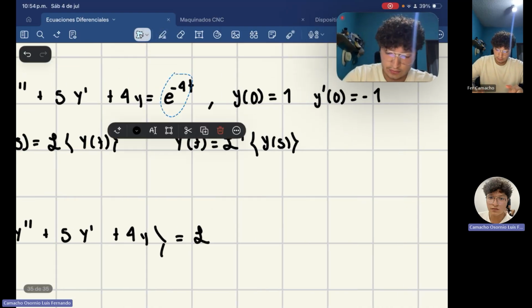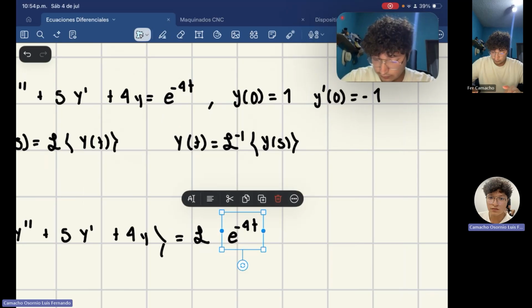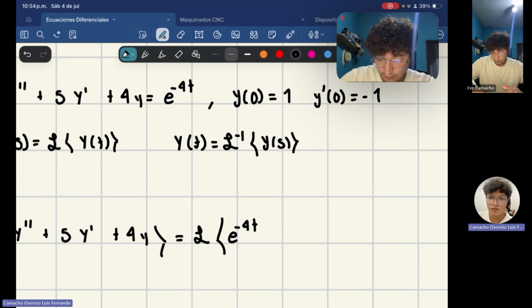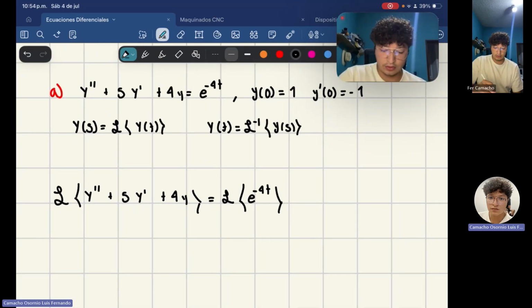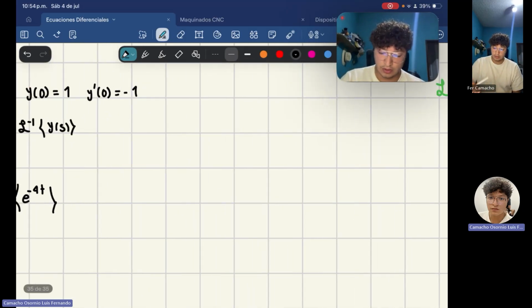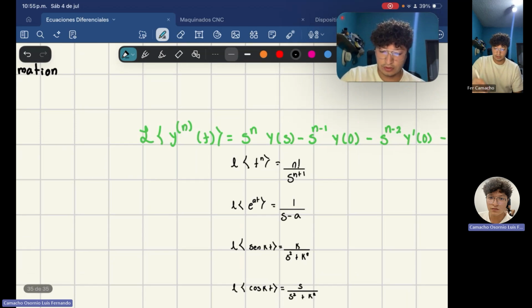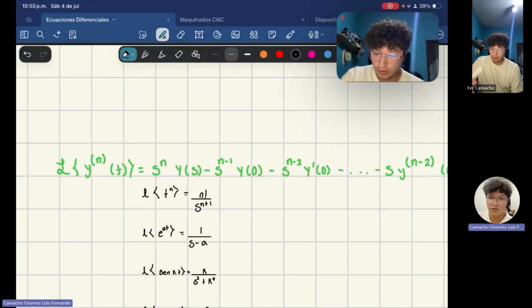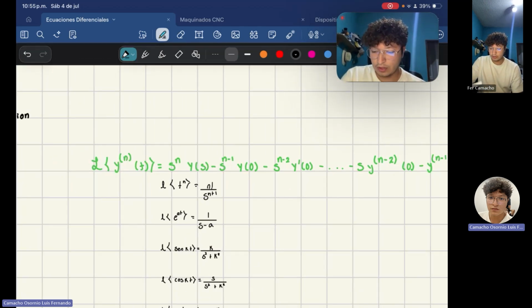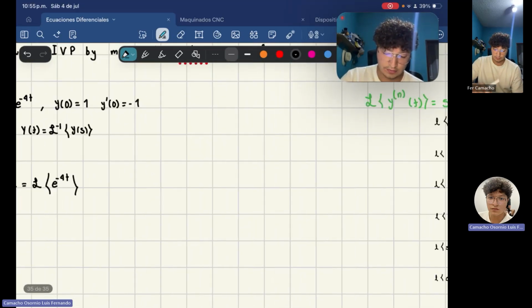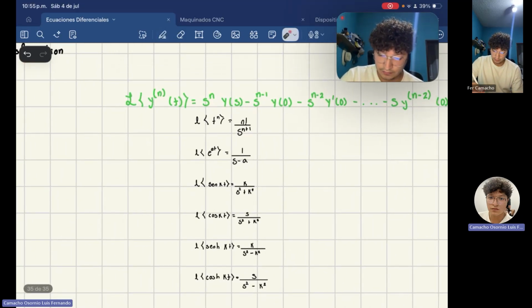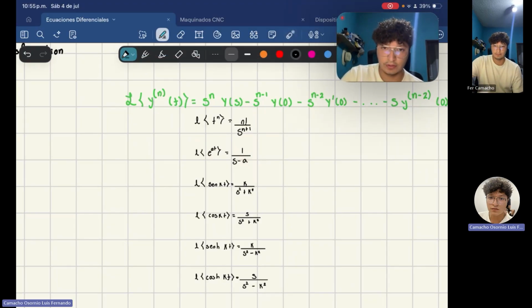So we can apply on this side of the equation this formula that is in green, and we are going to apply it part by part.